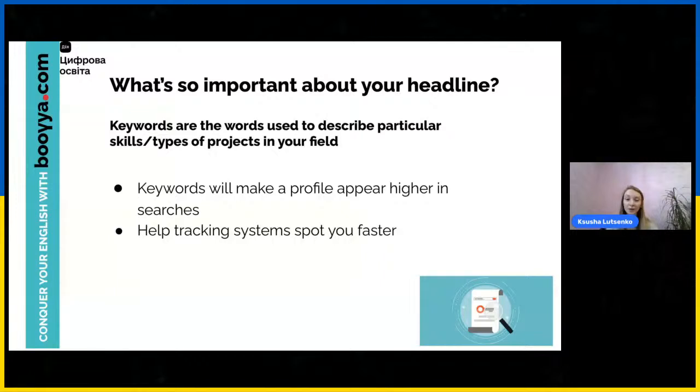Also, if recruiters use tracking systems instead of searching for job seekers manually, having keywords in your headline will definitely help tracking systems spot you faster. As a result, the recruiter is going to contact you faster.